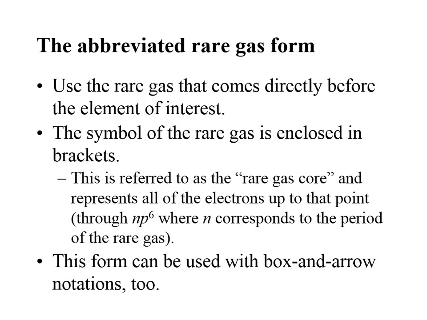So one of the things you're going to want to remember is the whole period thing. We just recently did iodine. It's in period number 5, so in period number 4, the rare gas is krypton. That's kind of how that works. It says it can be used with the box arrow notation, but I've never seen it.